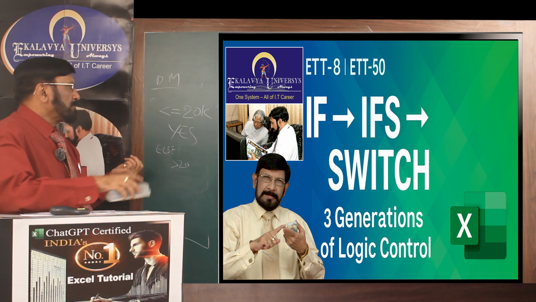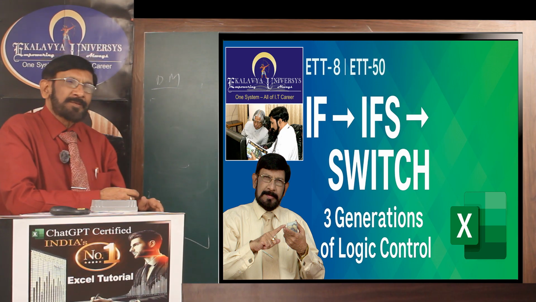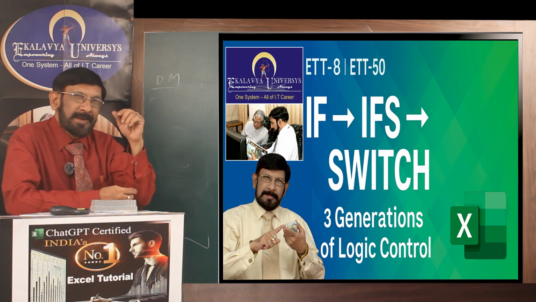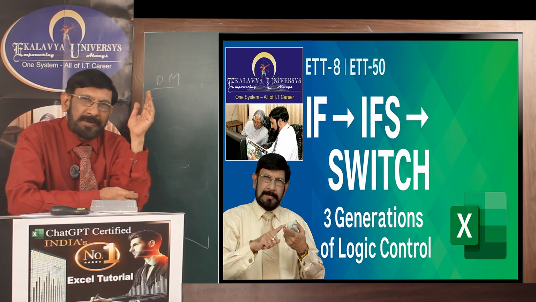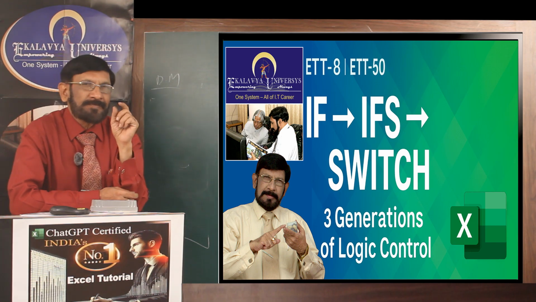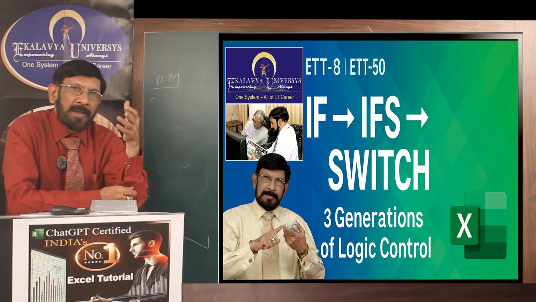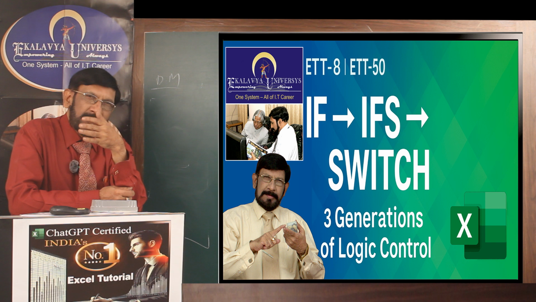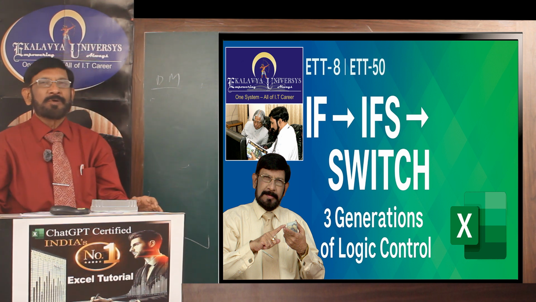In this manner, if you take any programming example, say marks grading: below 35% failed, 35 to 49% third class, 50 to 59% second class, 60% to 69% first class, 70 or above distinction.